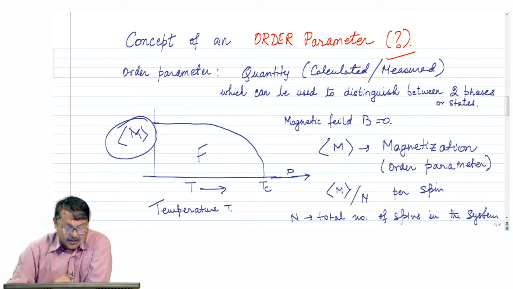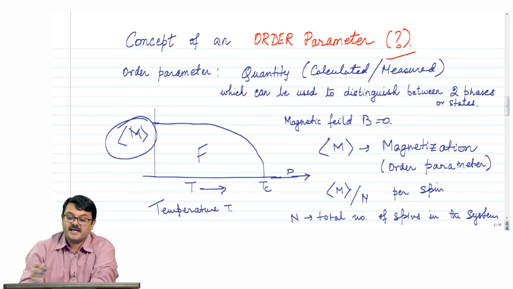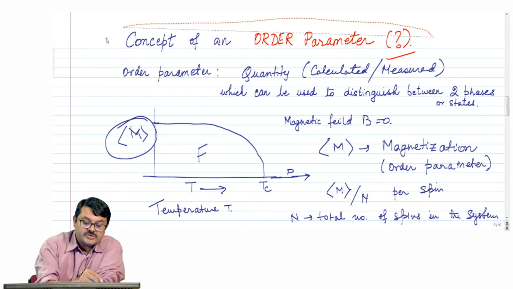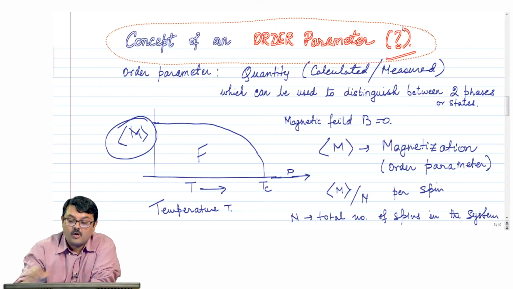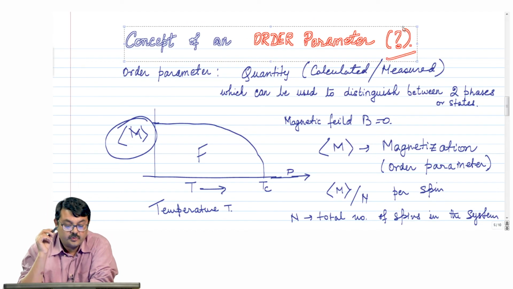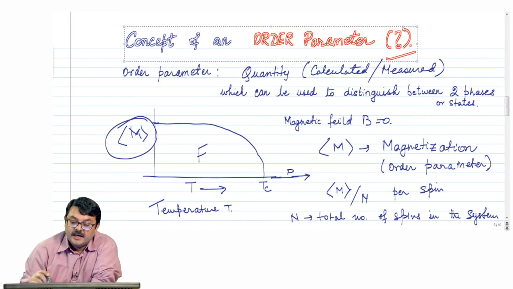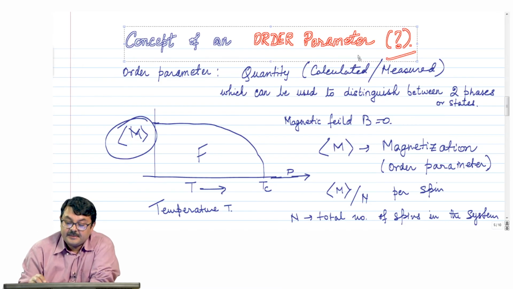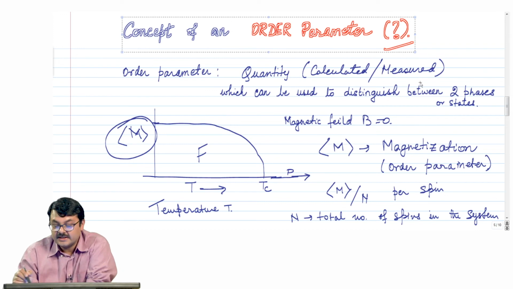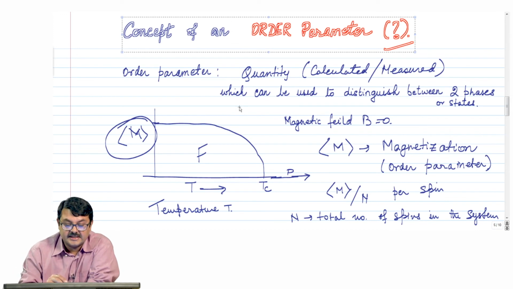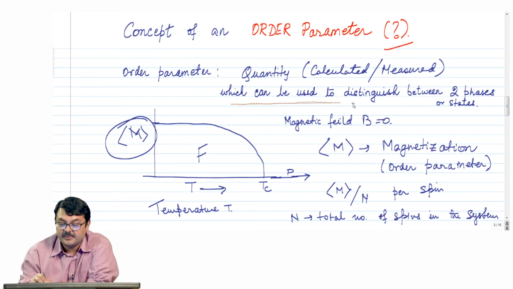After this, before we go on discussing phase transitions in greater detail, I need to introduce the idea of an order parameter. Okay. So, what is an order parameter? It is a quantity which can be calculated or measured in experiments, and this quantity can be used to distinguish between the two states or the two phases.